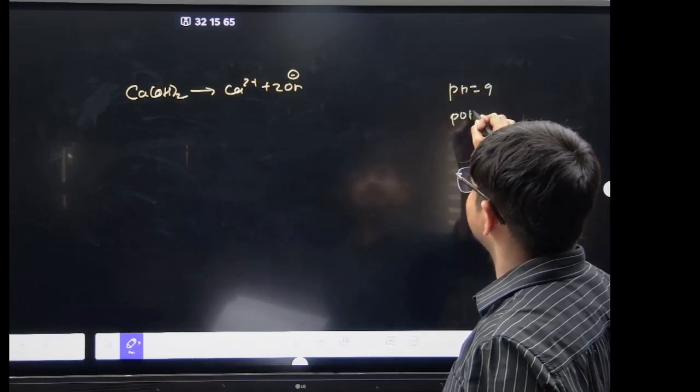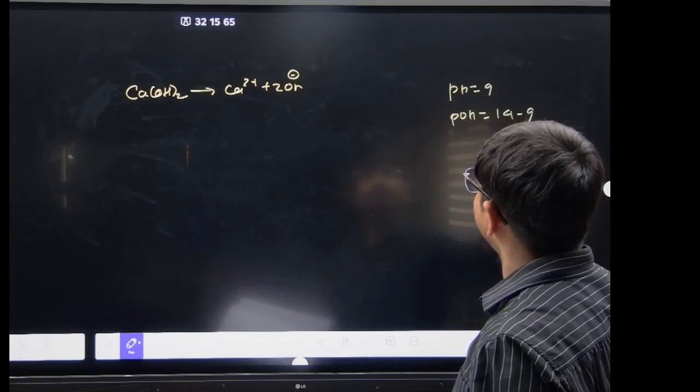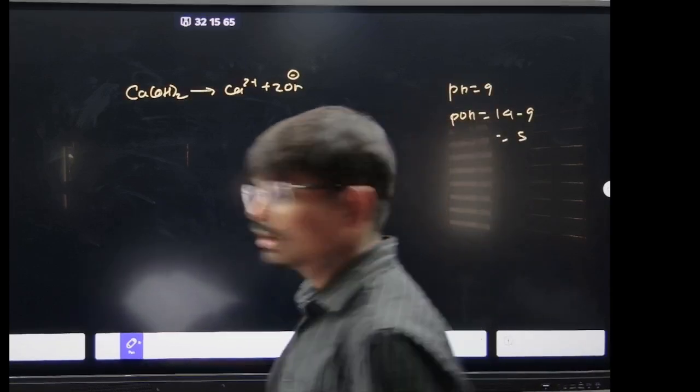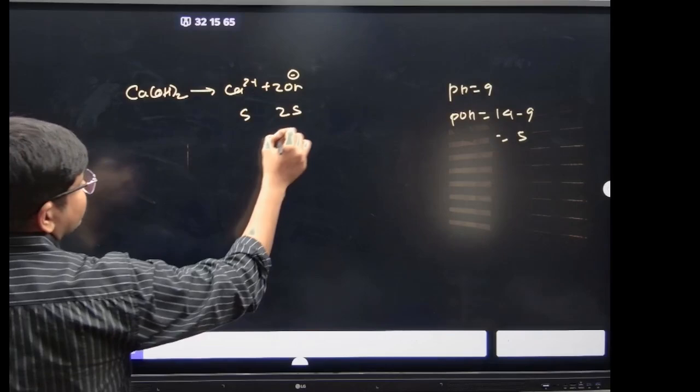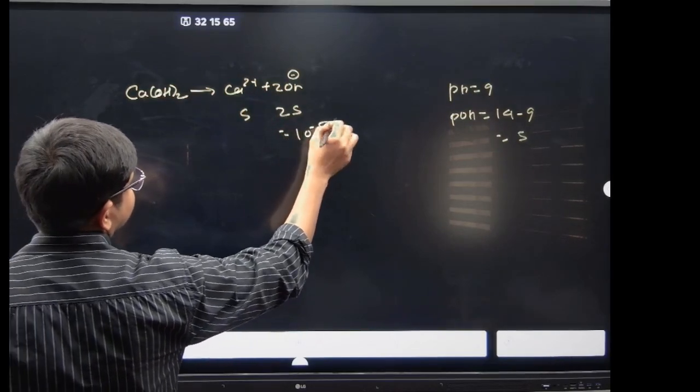That means pOH will be 5. Got it? S and 2S, which is equal to what? 10 to the power minus 5.